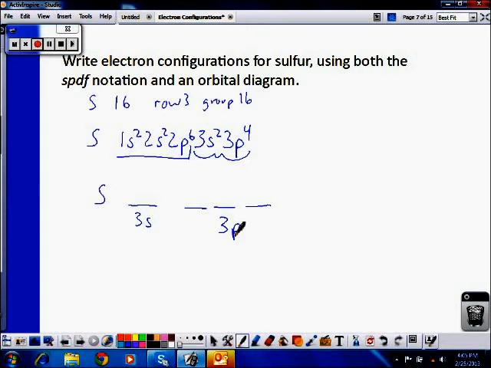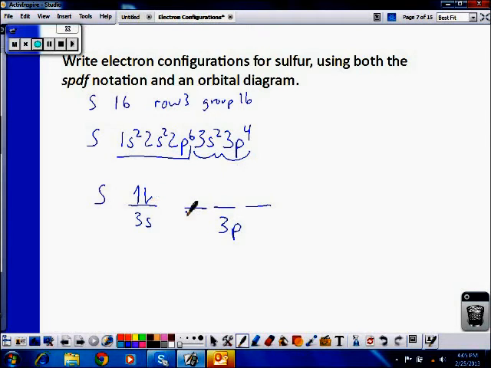It just ends up being a little neater for the way I write. So I have a 3s sublevel, and s's only have one orbital because m sub l equals 0. 3p has 3 orbitals because m sub l could be -1, 0, or +1. There are 2 electrons in the 3s, so I use half arrows. Again, it's a little bit quicker and a little bit neater when you're writing a whole bunch of them.